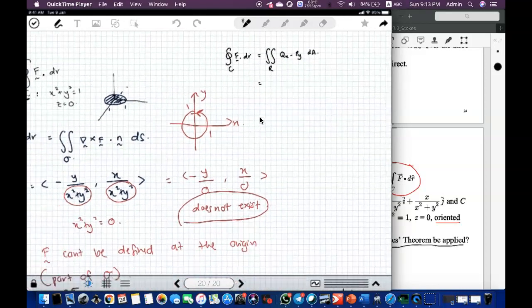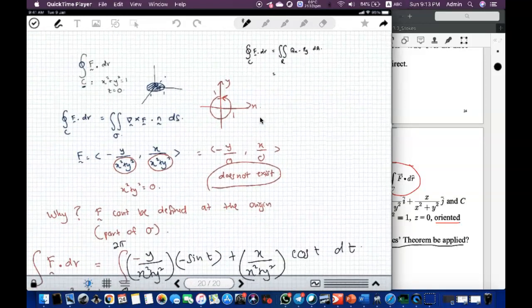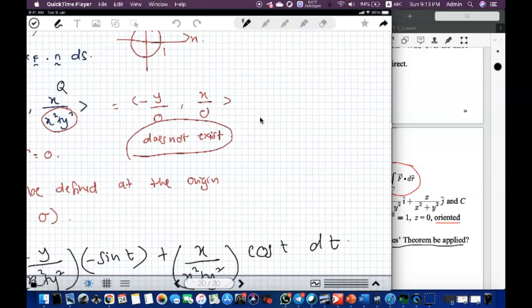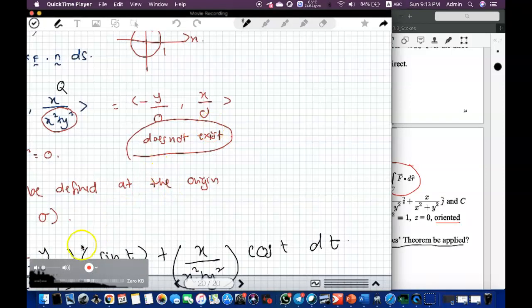What is P? This is your P and this is your Q. So when you differentiate Q with respect to x, try to differentiate partially.